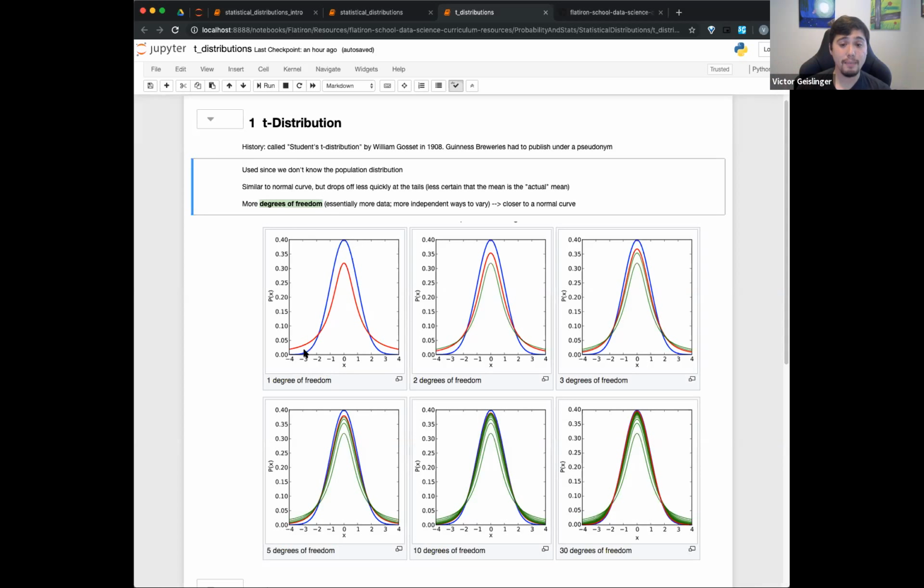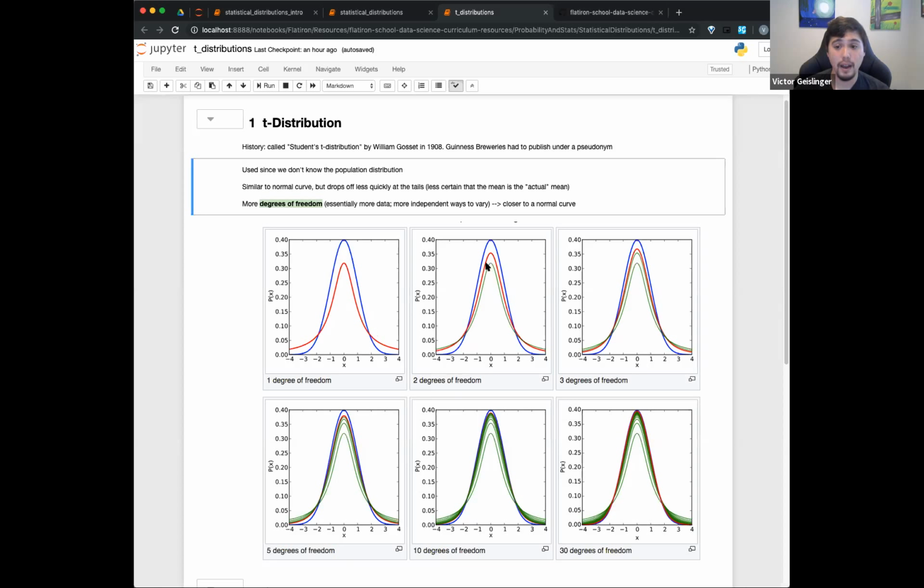When you don't have as many data points, meaning fewer degrees of freedom, you have to consider that the edges are a little more likely than expected. That's why these tails have a larger value; we call them heavy tails. You can see here they're a little larger than the normal bell distribution. But as we get more and more data, more degrees of freedom, we approach closer and closer to the actual normal curve.